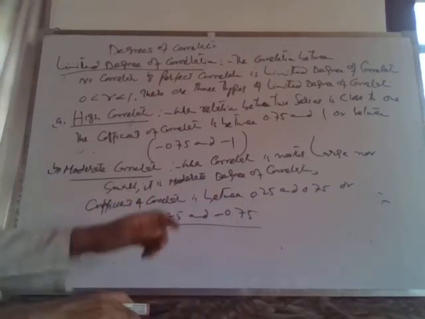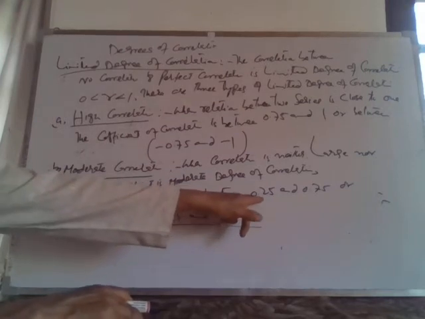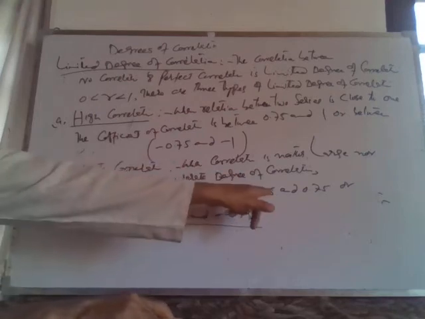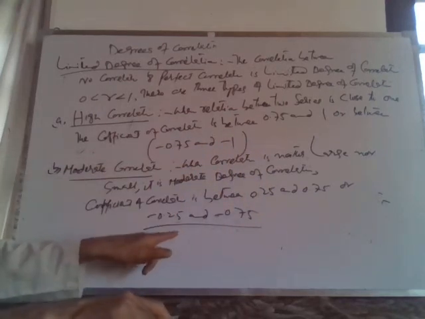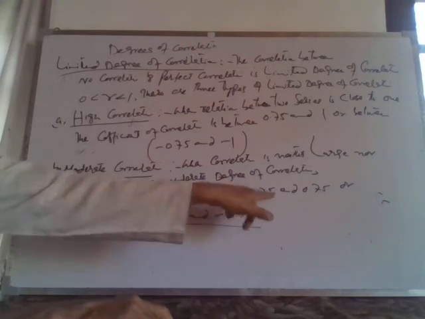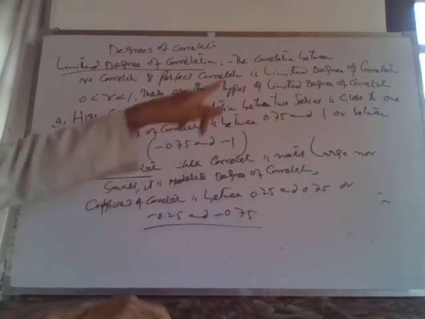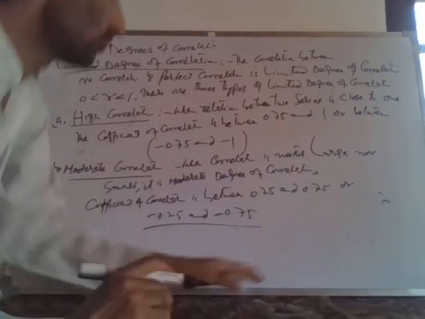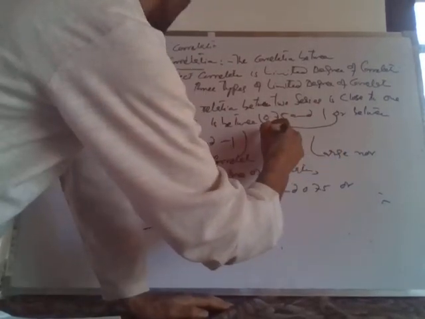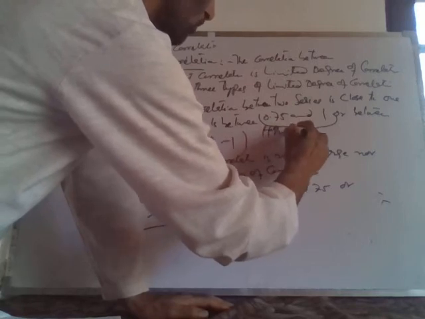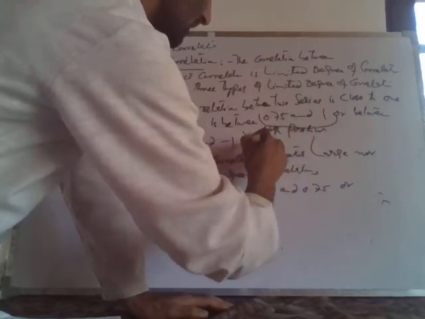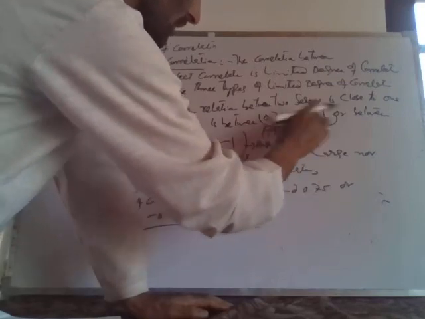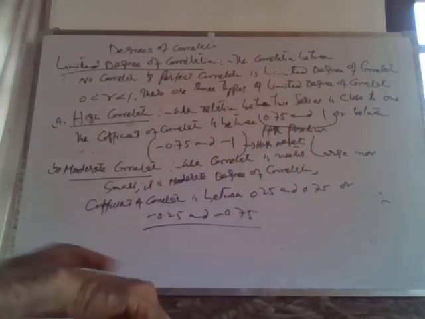So when R's value is between 0.25 and 0.75, this is moderate positive, and between minus 0.25 and minus 0.75, this is moderate negative. Here it is high positive and it is high negative. ये जो वैल्यू है जो ऊपर हमने पढ़ा है ये है high positive correlation and this is high negative correlation. हाई नेगेटिव यहाँ सेम डायरेक्शन में जाता है, यहाँ अपोजिट डायरेक्शन में जाता है.